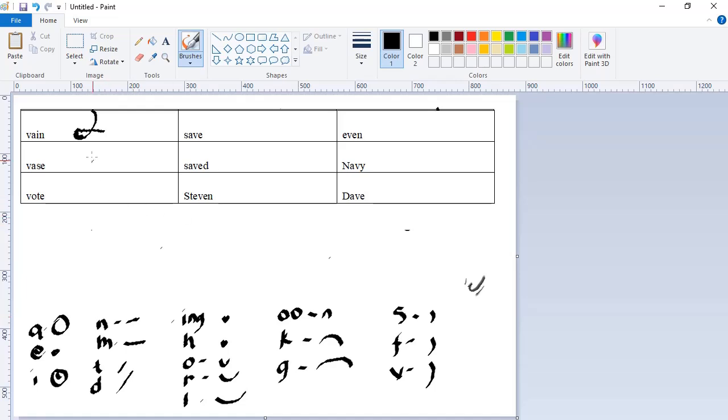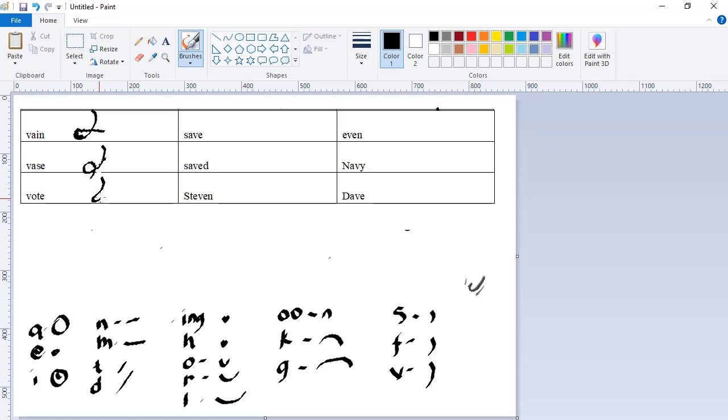Okay, next we have vase. We have V, A, and then S. Ulit, V, A, S. Vase. Next, we have vote.